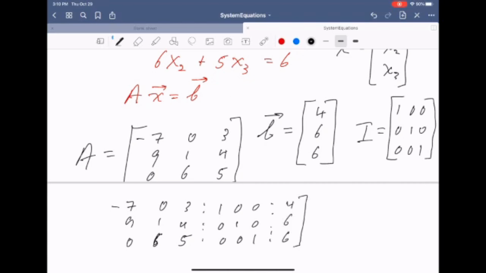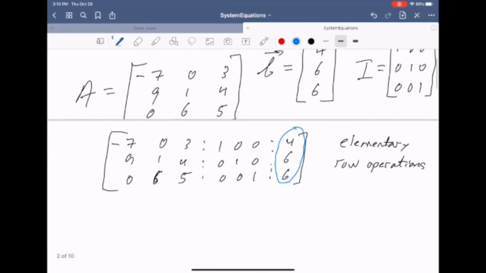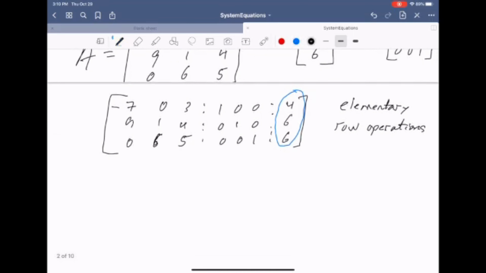And we're going to do elementary row operations to find the solution, and the solution will appear right in this column here. So we're going to do these elementary row operations, and that's where the solution will end up.